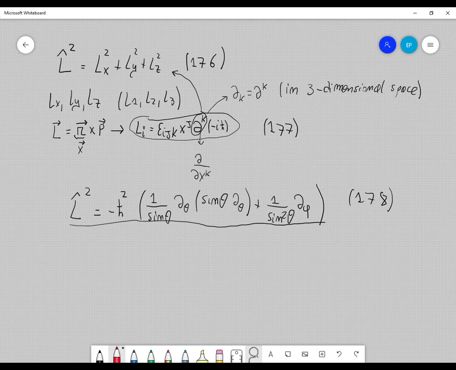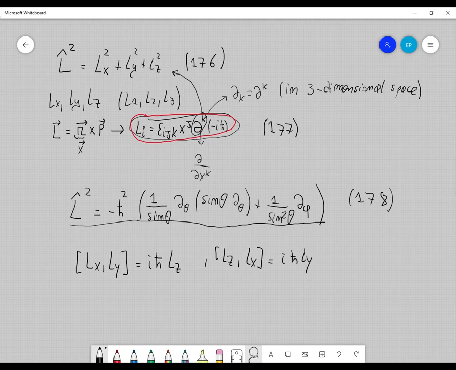From this expression here, Li, you can also try to derive the commutators, for example, between Lx and Ly. And you can find that this is equal to i h bar Lz, and also the commutator of Lz and Lx is equal to i h bar Ly, and of Ly and Lz is equal to i h bar Lx.